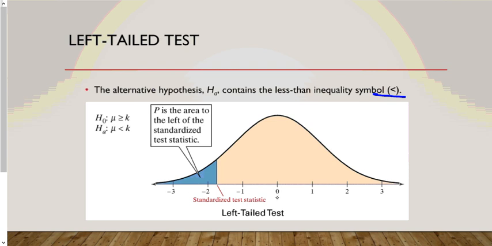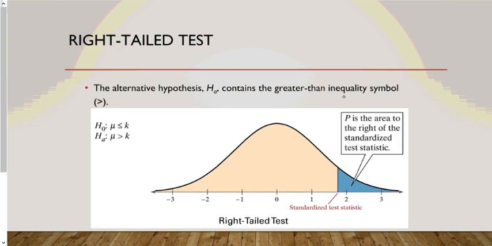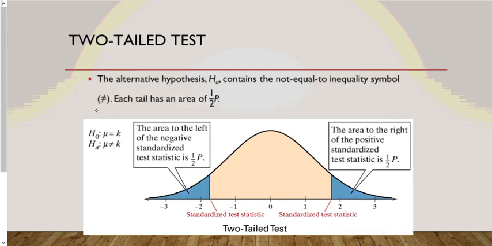If you end up getting a z-score that's down past whatever this number comes out to be, and this is based on what alpha you choose, then your rejection region would be below that. If your alternative hypothesis contains a greater than symbol, then you're looking to get a value that's up higher than that. Okay, and then of course we also talked before about the not equal to.